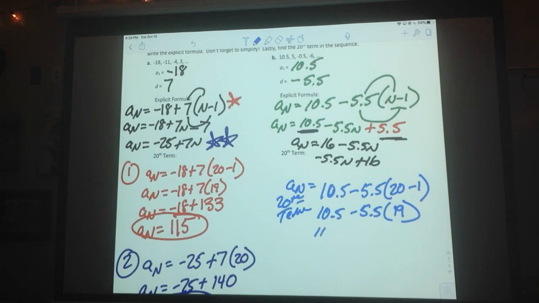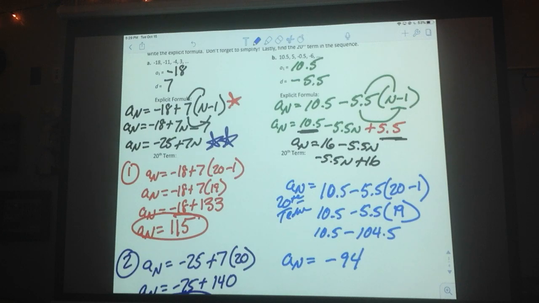So I'm going to have 10.5 minus 104.5. So my a of n, if I take 10.5 minus 104.5, I'm going to get a negative 94.